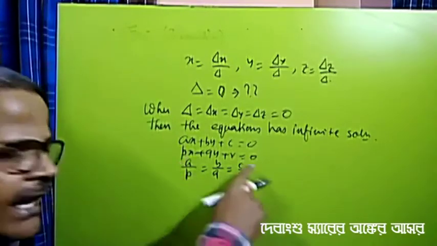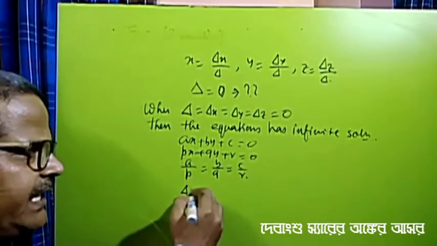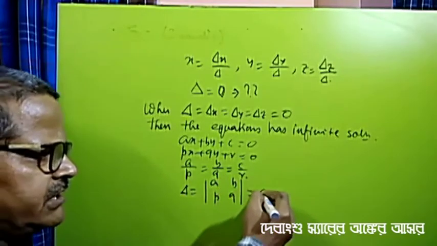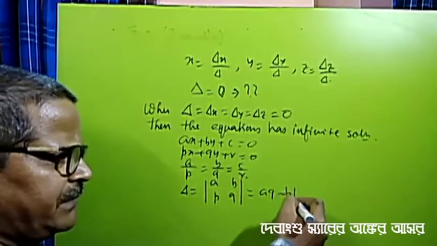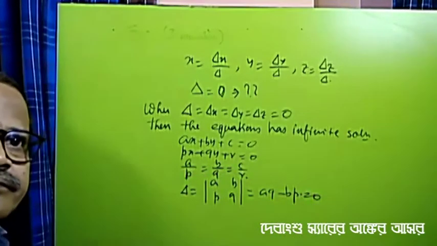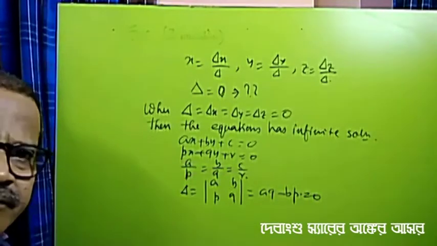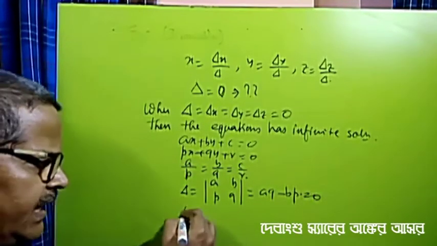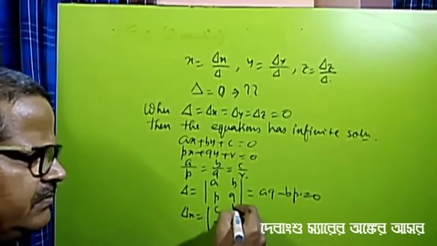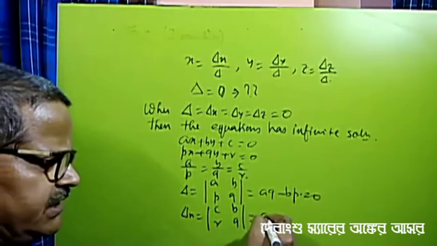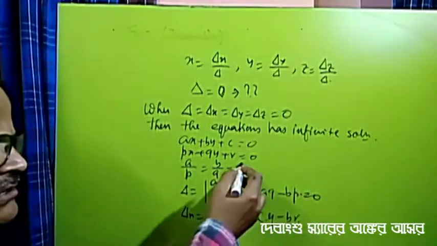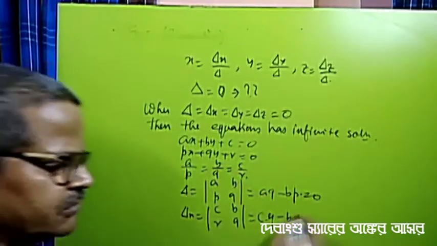Now see, if this happens, what will be delta? Delta is a, b, p, q. Now see, it is aq minus bp. Now see, aq minus bp is 0, because aq is bp. Delta x is c, b, r, q. So that is cq minus br. Now see, cq is br, so this is also 0.